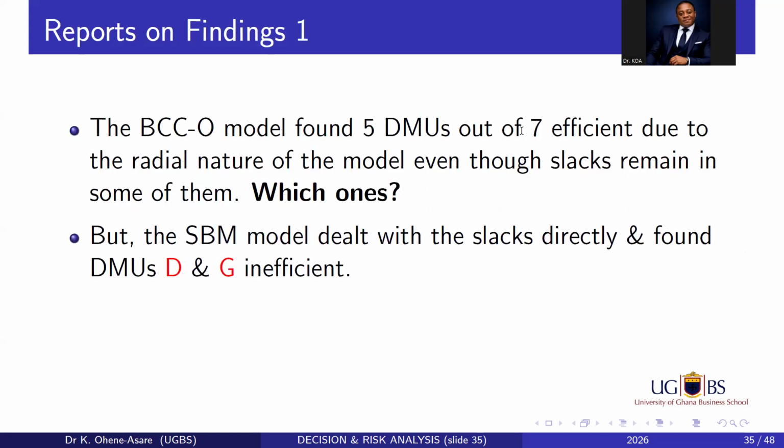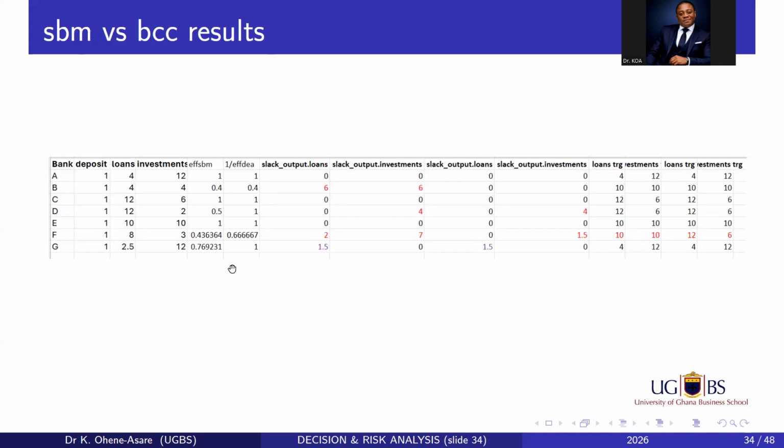So now SBM comes and says that no, there are some more banks DEA has called efficient, but they are not, because they were exhibiting slacks. And those banks were D and G. When you go to the data, you see that D was actually said to be efficient under the DEA.